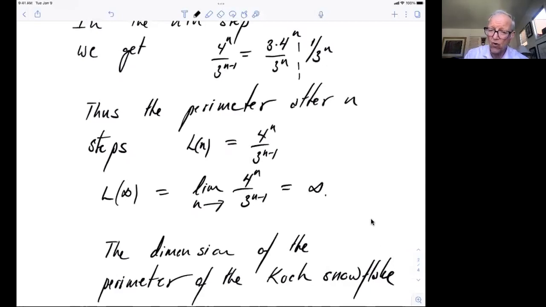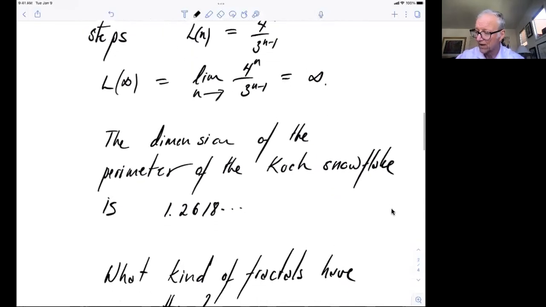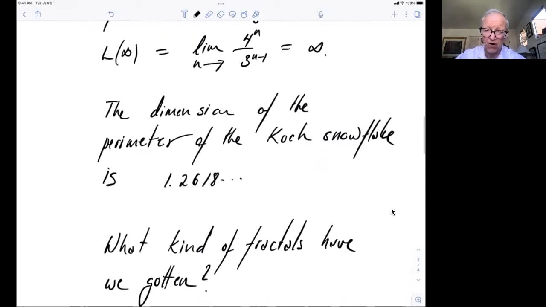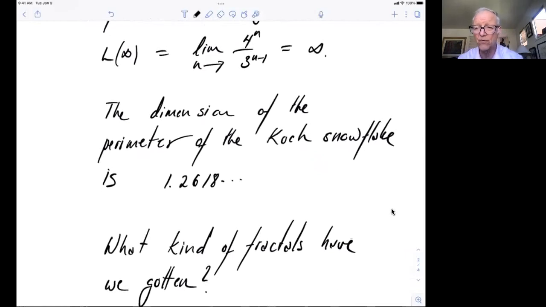We can also compute the dimension of the Koch snowflake. You basically cover the perimeter with little boxes, and then you count these boxes. I'm not going to go through that computation, but it turns out that the dimension of the Koch snowflake is not an integer. It's 1.2618.